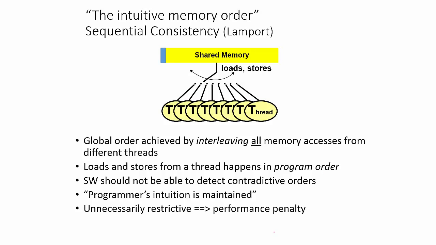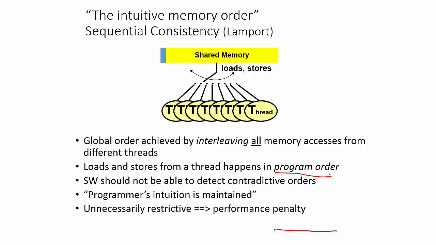This is actually quite restrictive, this program order restriction, because it means that the compiler cannot do many optimizations. And from a software perspective, you should not be able to detect any contradictive orders.